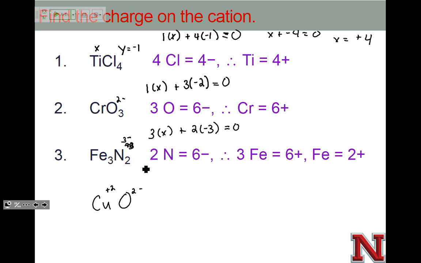But if you just did the crossing, you might say it's +1. So to avoid that, in general, the crossing could kind of work, but sometimes it might not. For example, if I did the cross of this, but the empirical formula is CuO. So you gotta kind of watch the cross method. You can't go wrong by doing what I'm doing here.